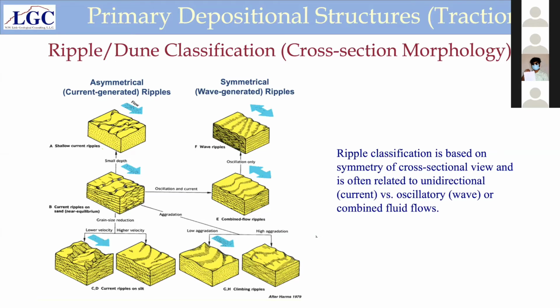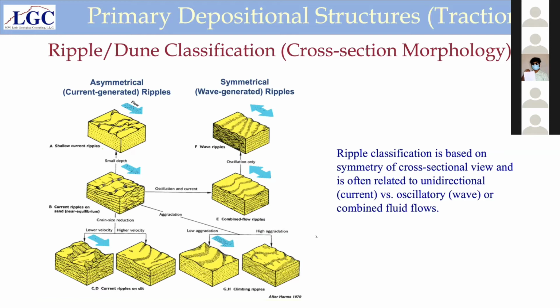It won't be exact. Sometimes we refer to the asymmetrical ripples as current generated ripples. And the thought here is that you're looking primarily at ripples that are formed by a single direction of flow. With the symmetrical ripples, we sometimes refer to those as wave generated, and that has to do with the oscillatory flow.